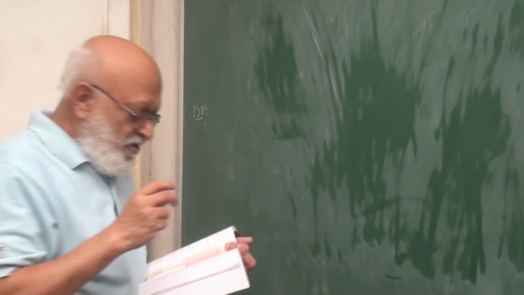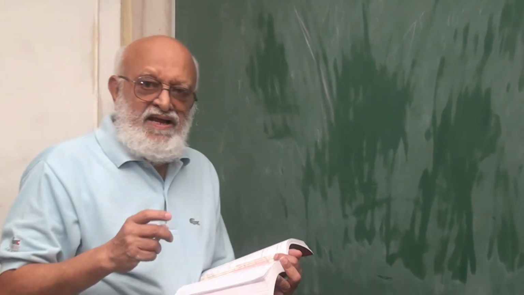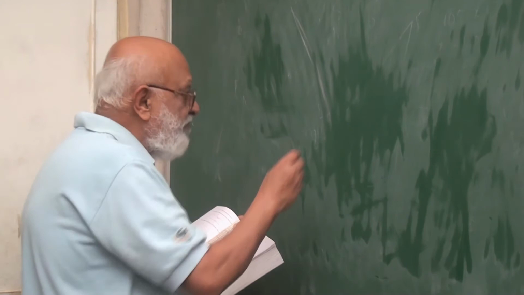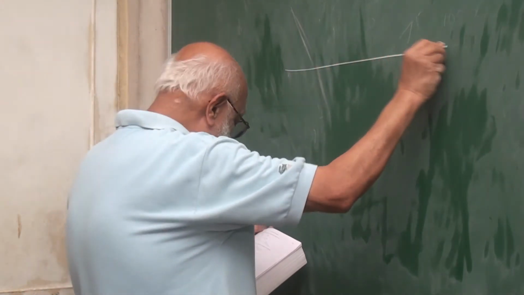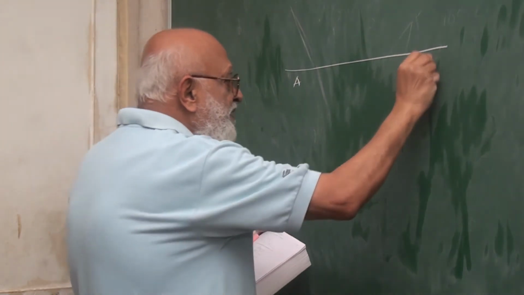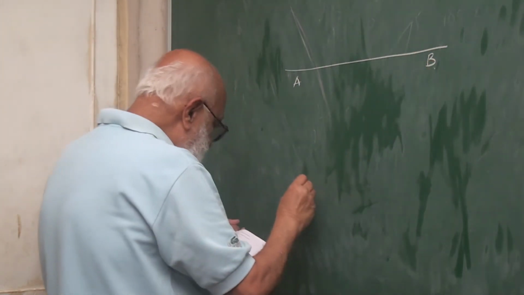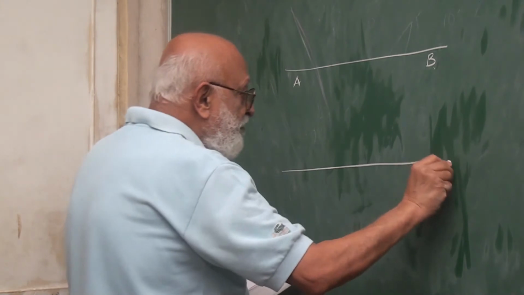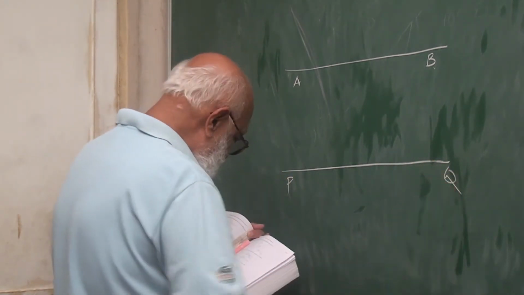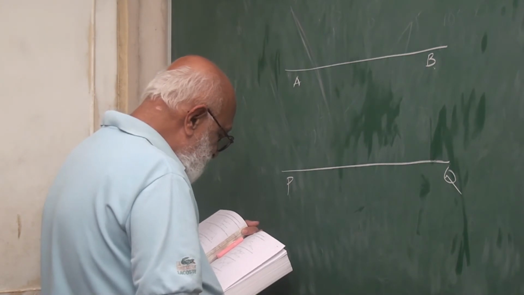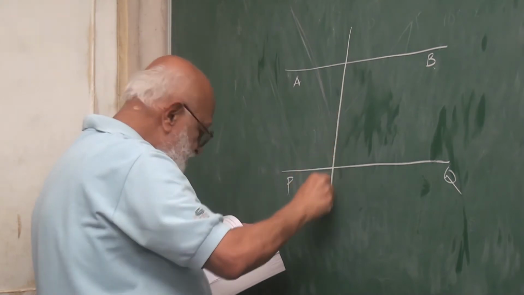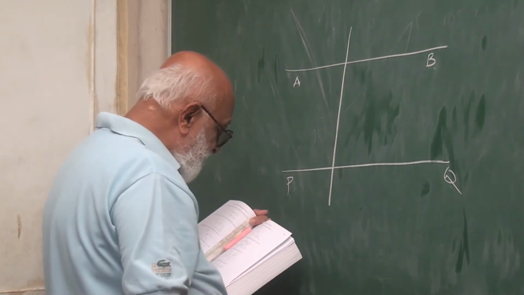Okay, we continue with another problem. One line is AB and another line is PQ. Then there is another line which goes like this, and this is the transversal.